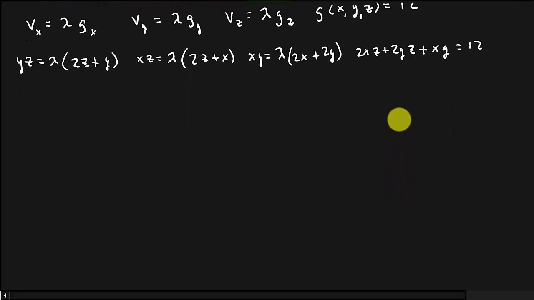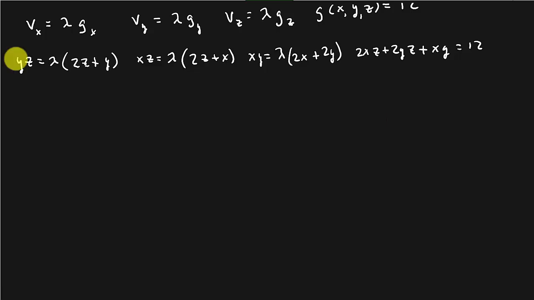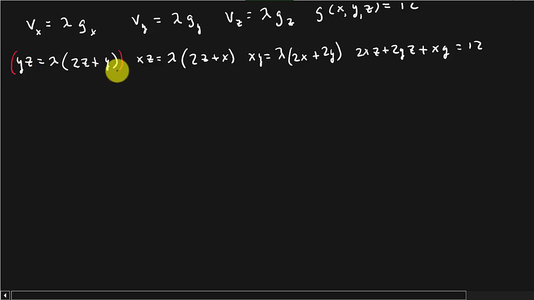When we look at this, we're sitting there thinking, how in the world can we solve this? Well, we multiply the first equation by x, the second equation by y, and the third equation by z.